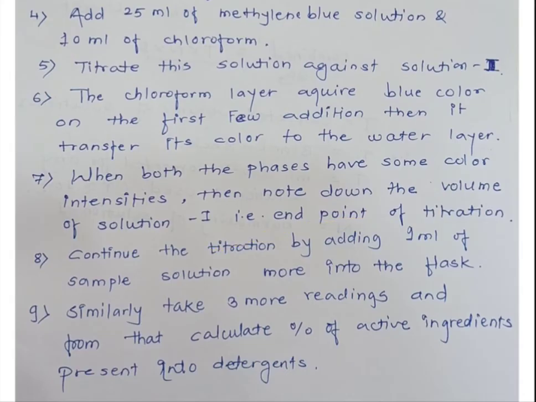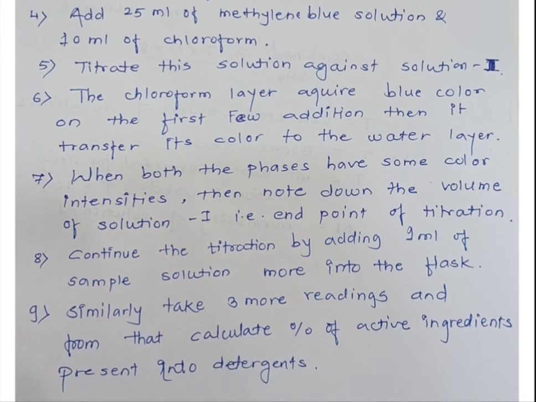Then we have to add the 25 ml methylene blue indicator into it and 10 ml of the chloroform layer and titrate this against solution number 1. Then the chloroform layer acquires the blue color. After some addition, the color will be transferred to the water layer, and we have to titrate the solution till the water layer and the chloroform layer have the same color intensity.